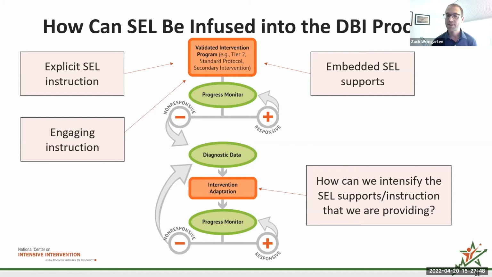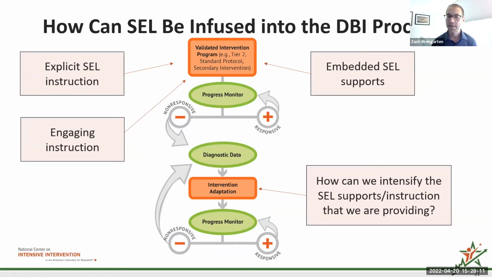And then when we get down to that intervention adaptation stage, we really want to think about how we can intensify the SEL supports or instruction that we're providing. That can mean looking at the data that we have and thinking about what are some areas where this student would benefit from some additional SEL supports.